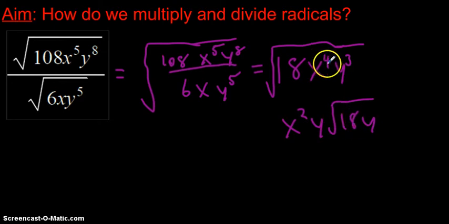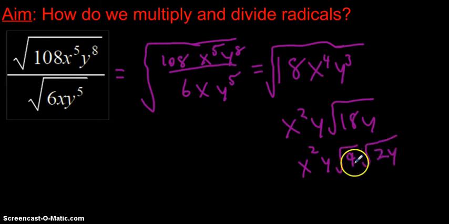Now to simplify this radical, that's x squared y times radical 9 times radical 2y, which becomes 3. So our simplified radical is 3 x squared y times radical 2y.